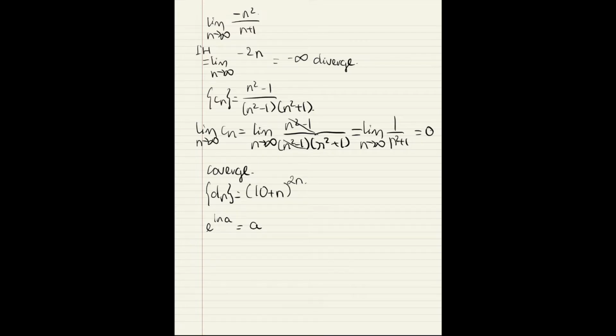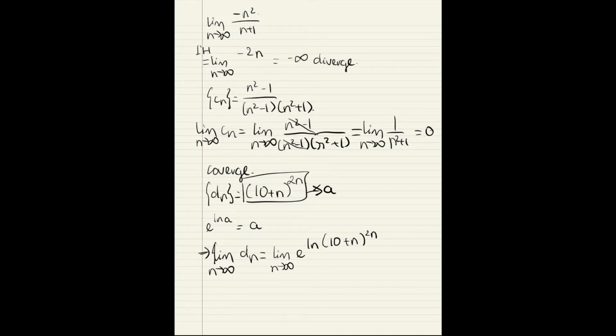So I just want to make this value as a, so that I have to make the limit of n to infinity of d_n equal to the limit of n to infinity of e to the ln of (10 plus n) to the n.